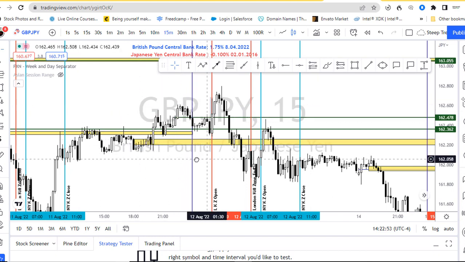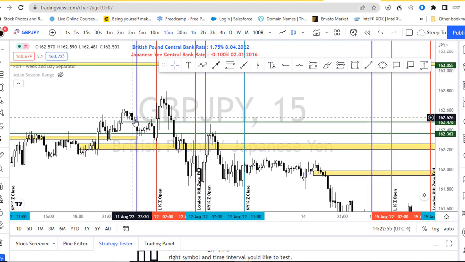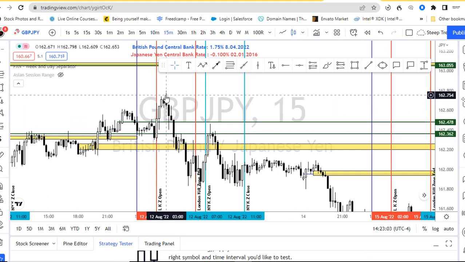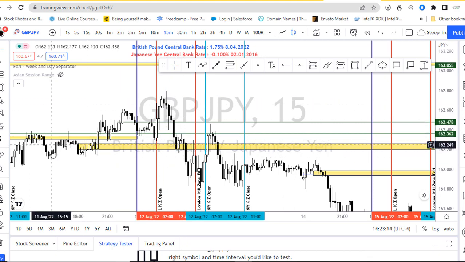This is the high of Asia right here, and this is the low of Asia. Now what price is going to do around midnight, price is going to start moving in a certain direction, and then it expands. Because this is how the banks actually signal their moves to each other. It starts with consolidation, and as you can see, it was consolidating here, and then it expands.